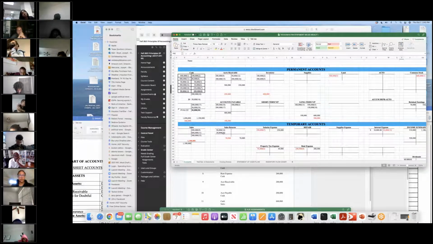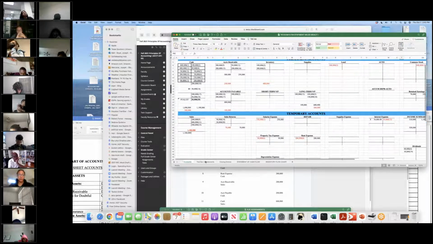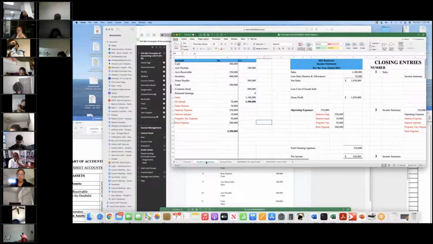Let me see what you get for sales. Same thing for sales. Let's put accounts payable where it's supposed to be. So is it supposed to be 1,450,000 or 1,650,000? Because I'm confused.